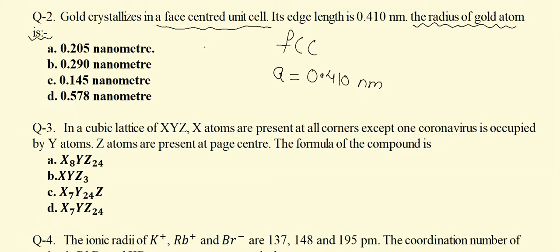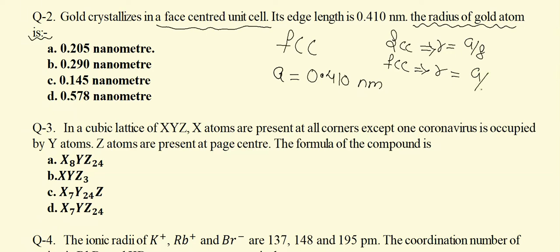Okay, so I am going to use the part which I made you study in the chapter. When we were discussing the chapter, for simple cubic cell the value of r was a by 2, where a is the edge length.